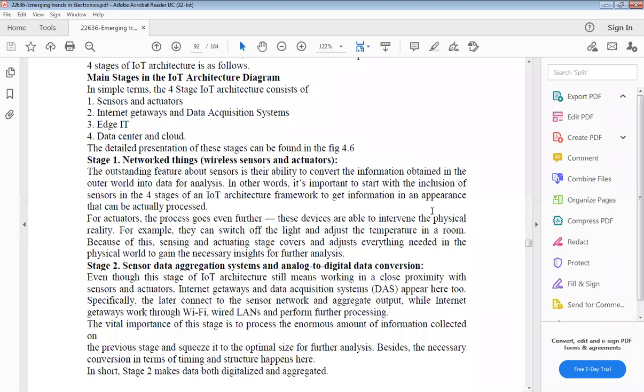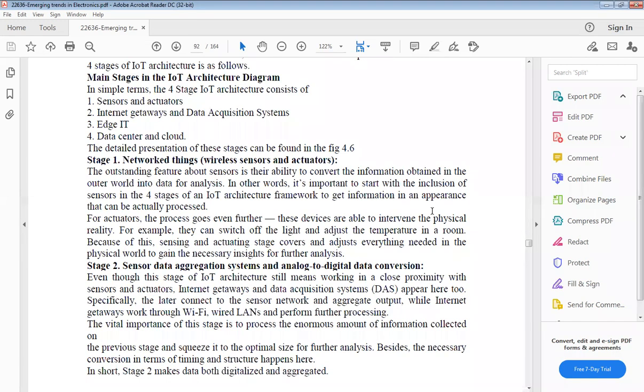Stage number 2 is sensor data aggregation systems and analog to digital data conversion. So what stage 2 does: whatever number of sensors are connected to the single IoT system, all the sensor data is collected together and aggregated, means combined together. Whatever sensors are digital, there is no requirement of A to D conversion.